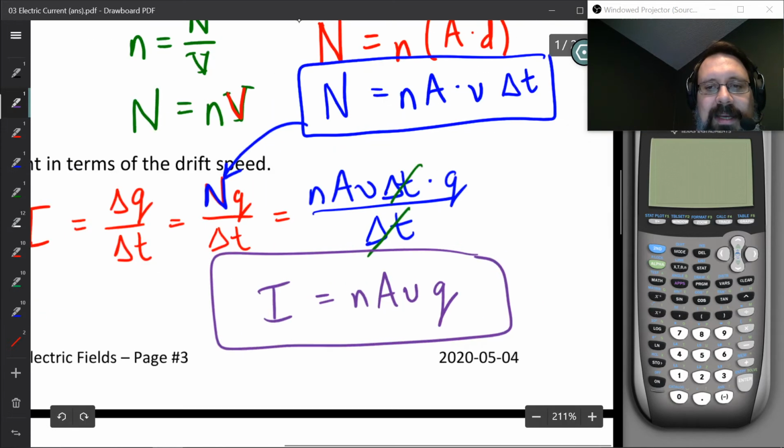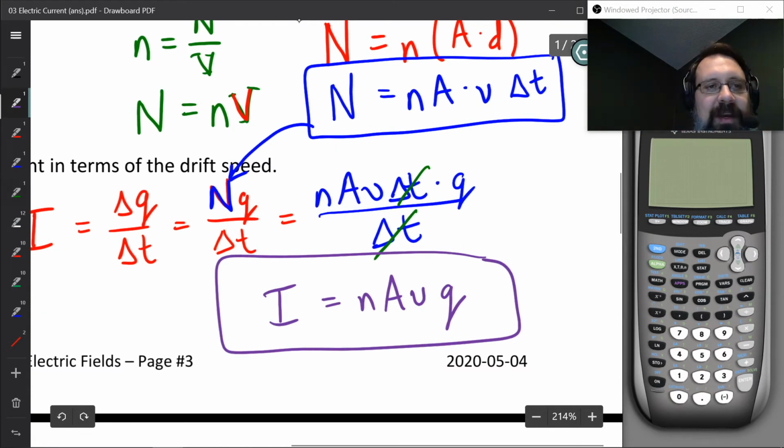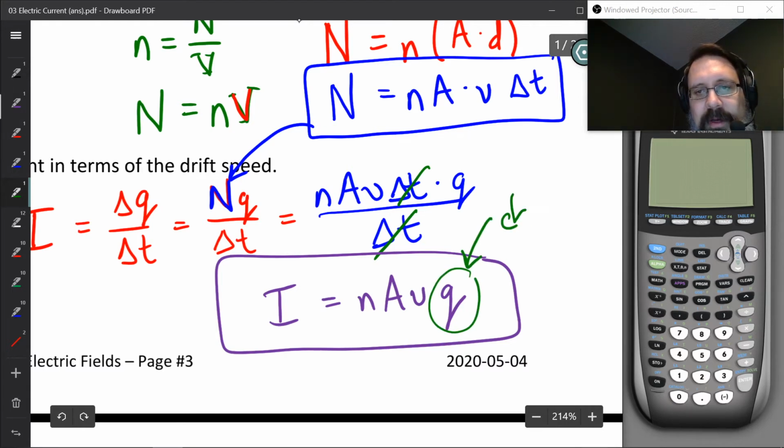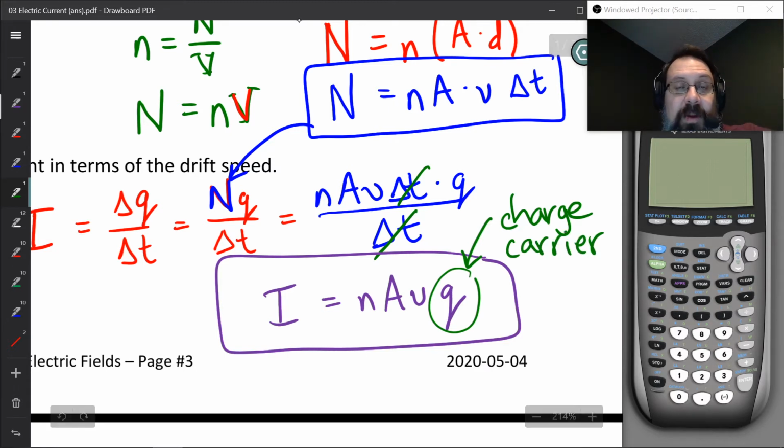And then realize that q is based on what type of charge you have. So we call that the charge carrier. For the situation of charges moving through a conductor, the charge carrier is always going to be the electron. And so you'll put in the charge of an electron in there. The charge of an electron is 1.6 times 10 to the negative 19 coulombs.